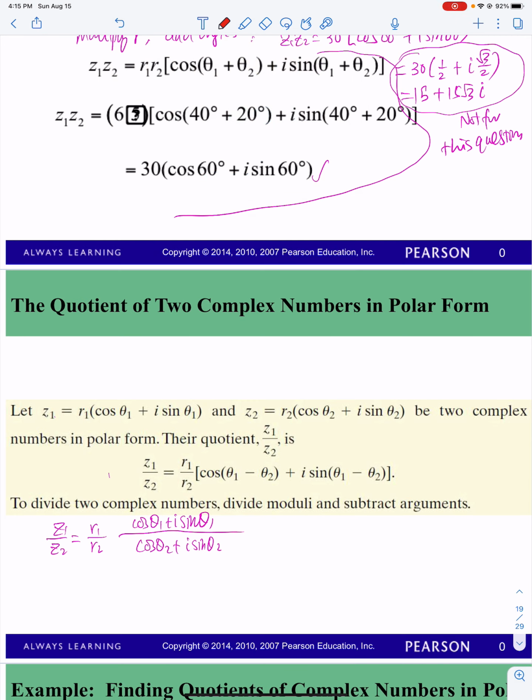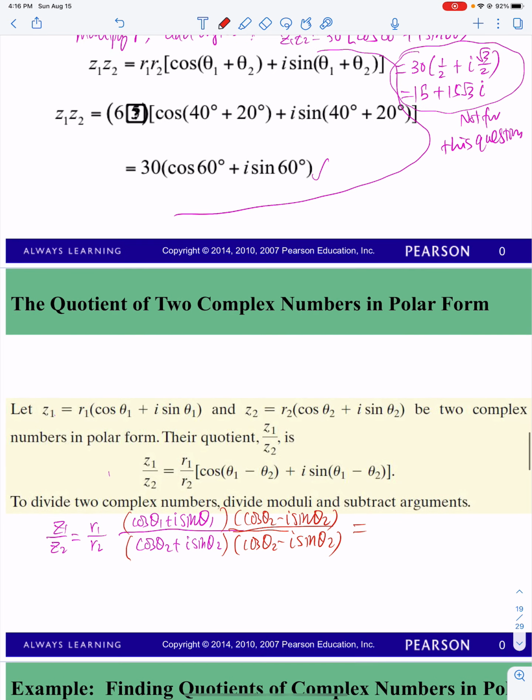Okay, so how could you get rid of the i on the denominator? Do you remember? In algebra, always multiply its what? Conjugate. Okay, so then what will you get? So then this will be what?